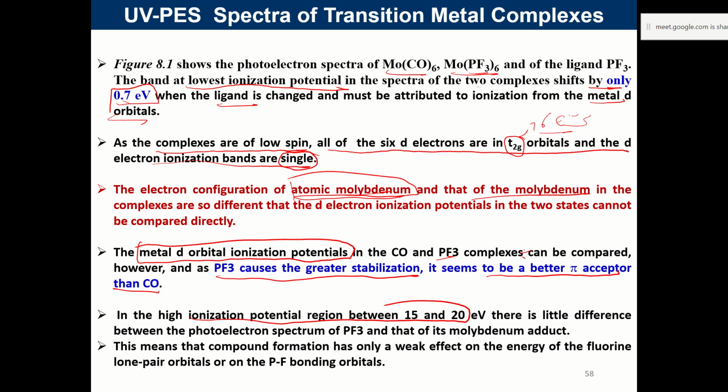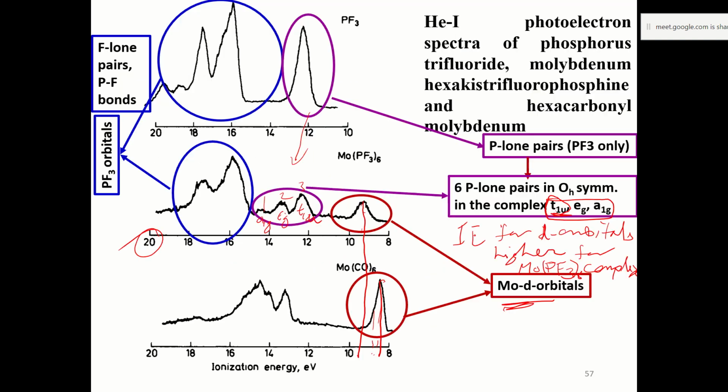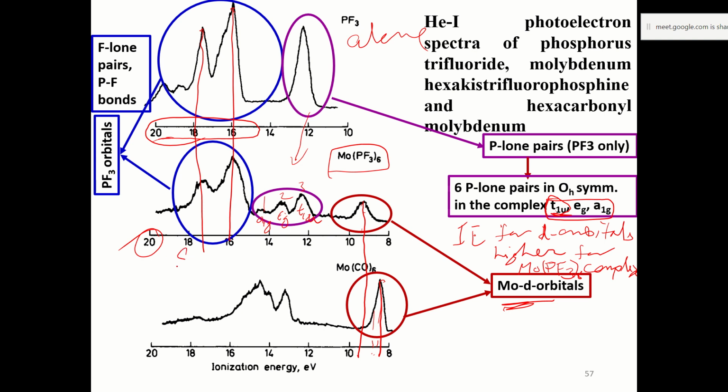So talking about the high energy side, 18 to 20, this remains unaffected. ये वाला जो part है, PF3 alone and PF3 in complex, when you compare the higher energy side, you find that it remains at the same position. Position has not changed, same position, unaffected.